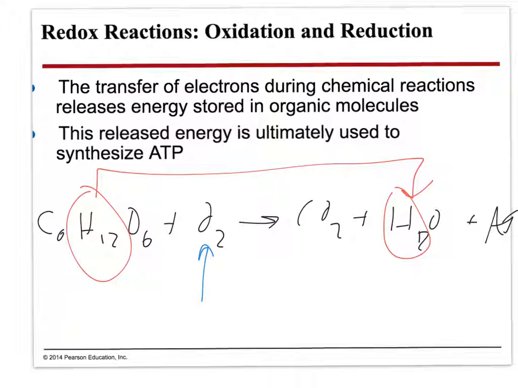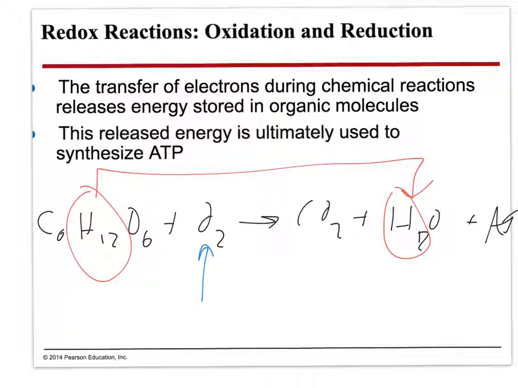Okay? The molecule that is going to receive the hydrogens, receive electrons, is going to be reduced. So oxygen is reduced because it's going to gain electrons, hydrogens, and become water. Okay? Glucose is going to be oxidized. It's going to lose electrons, hydrogens, and become CO2.